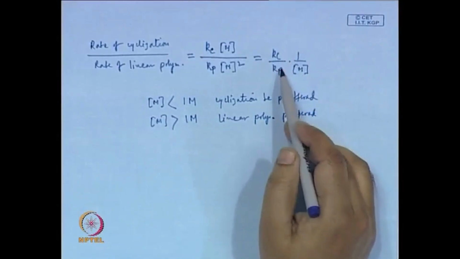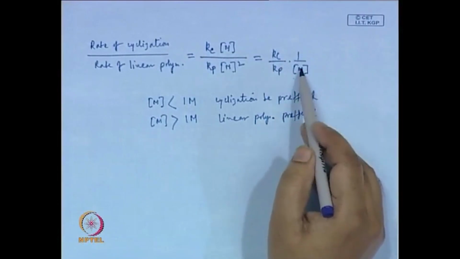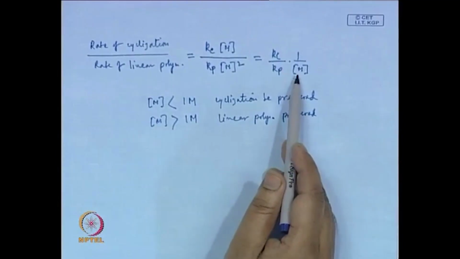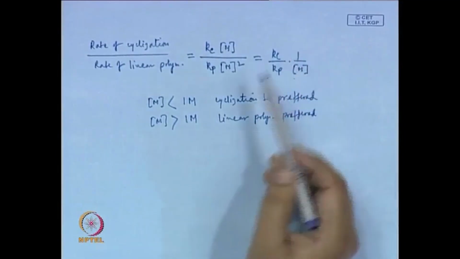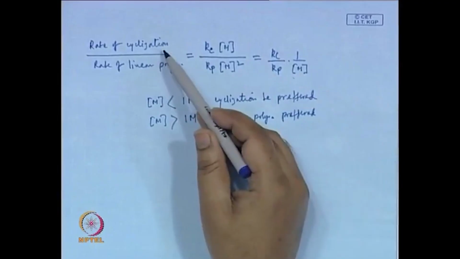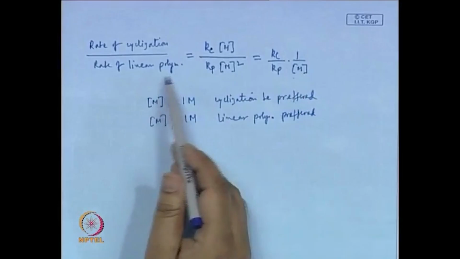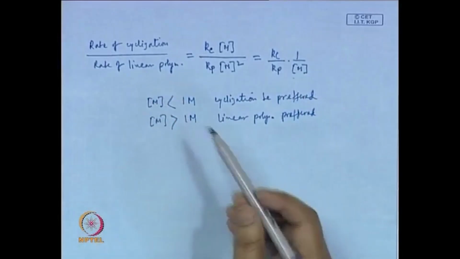Okay. From only the concentration of the monomer you can find out that if it is below 1, then the rate of cyclization will be higher, and if it is above 1, this will be a fraction, so the rate of linear polymerization will be higher.